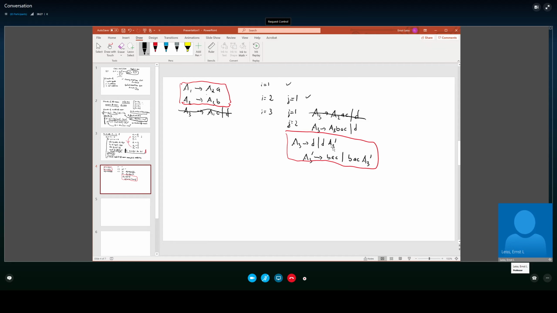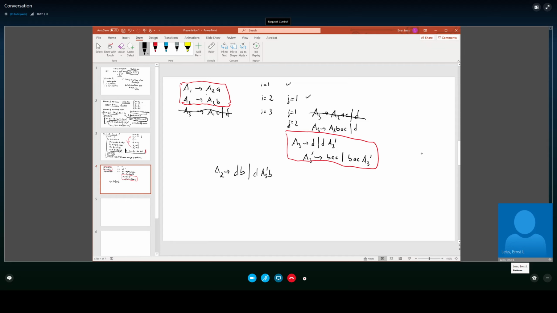So we take those A3 productions and plug them into the A2 and A1 productions if need be. So there's A2 goes to A3 B, which means we're going to have A2 goes to A3, well that's D, followed by B, or D A3 prime followed by B.